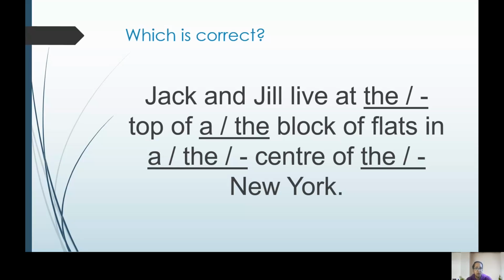If we say the block of flats, that would mean there is only one block of flats. But I'm sure there are many, so a block of flats, meaning one out of many. In the centre, there is only one centre of New York. No article, it is the name of the city.